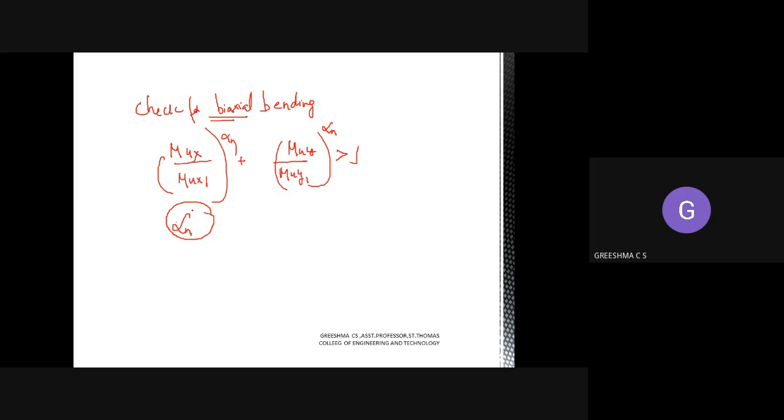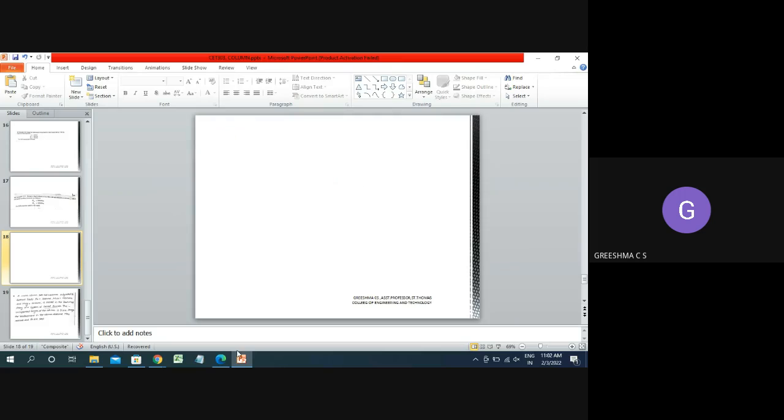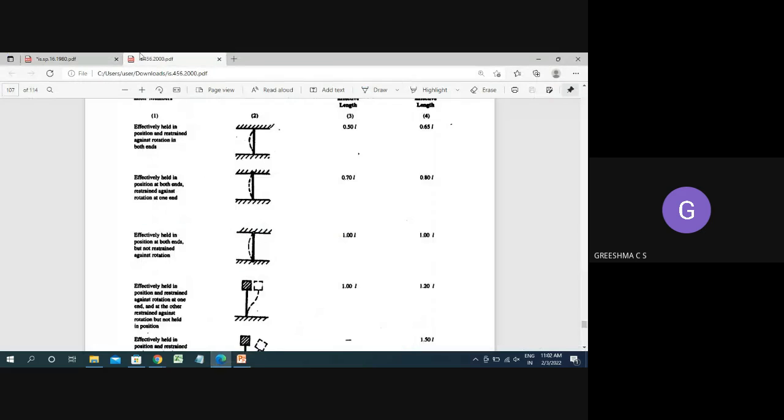So let's find out the value of alpha n. For this value you can refer to the IS code, page number 71.